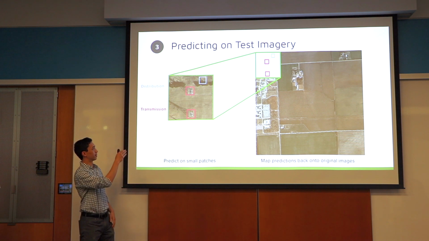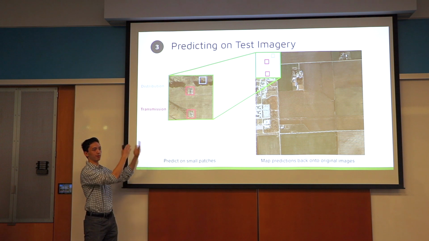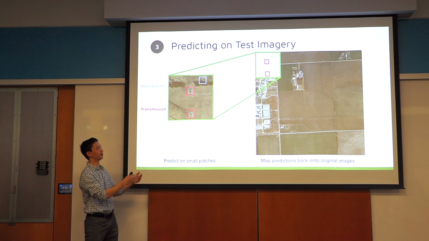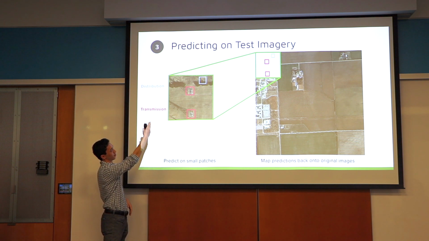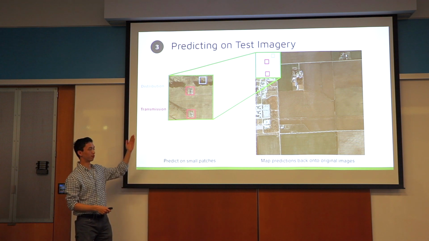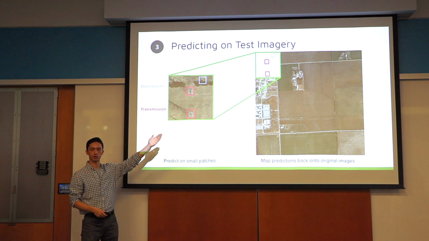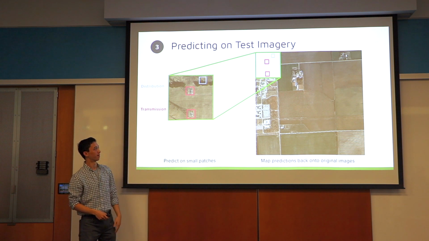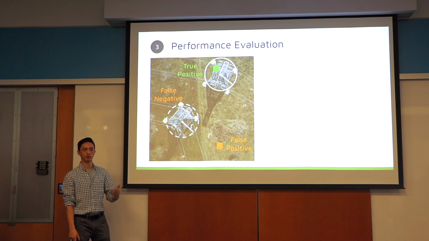In this case, we've given this image to the model, and we've said, now that you're trained, tell us where the towers in this image are. The model has said that there are 3 towers, which are right there. Then we take those labels that come out of the model, and we map them back onto the original coordinates of the large image, so that we can move on to the next step, which is evaluating the actual performance.